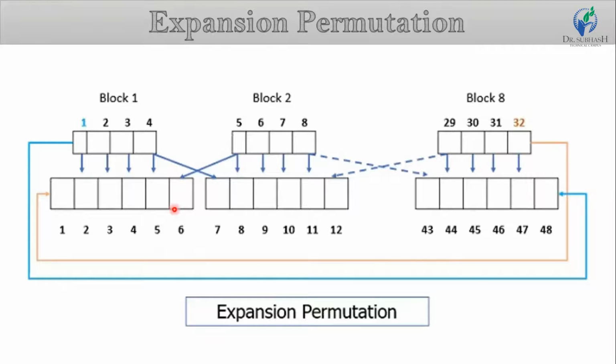As you can see in the figure, the extreme 2 bits, the first one and fourth one of the block, are repeated: this one is repeated here and this fourth one is repeated here. And the middle 2 bits, second and third, are passed on as they are. So this is the simple process of expansion permutation.